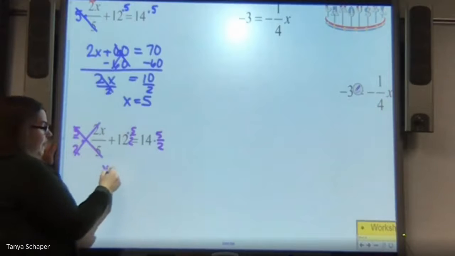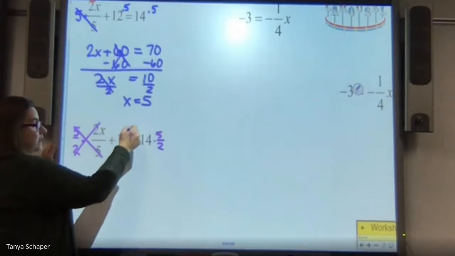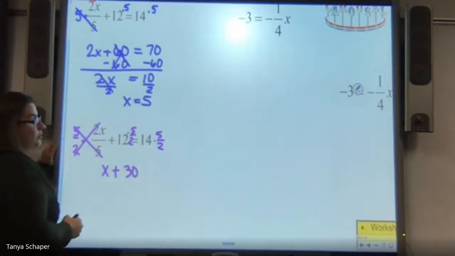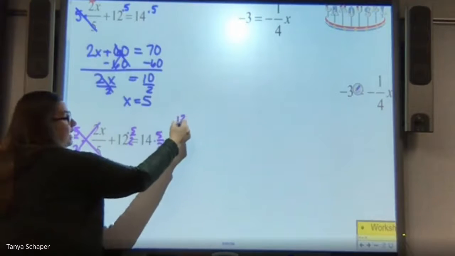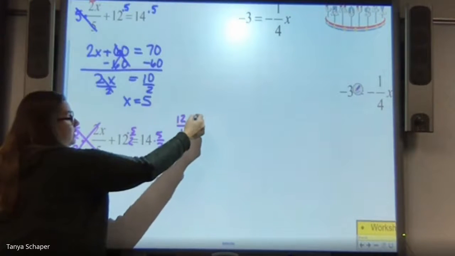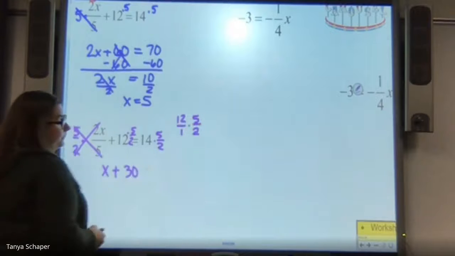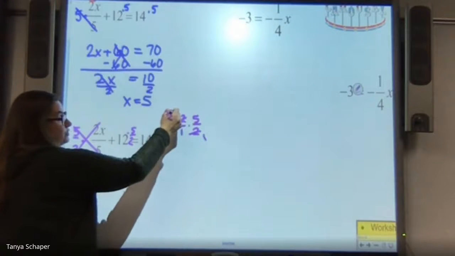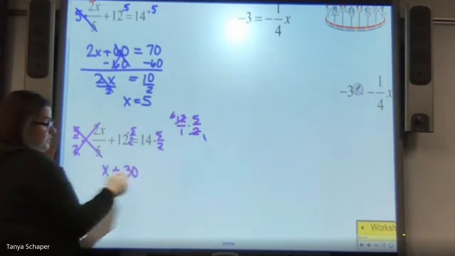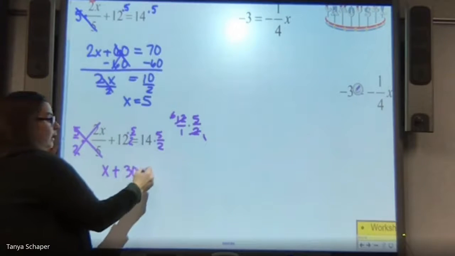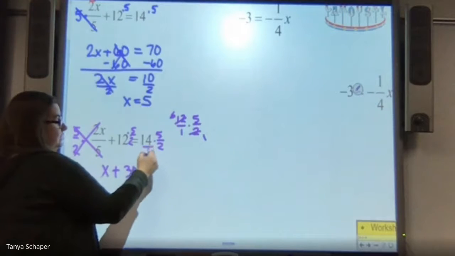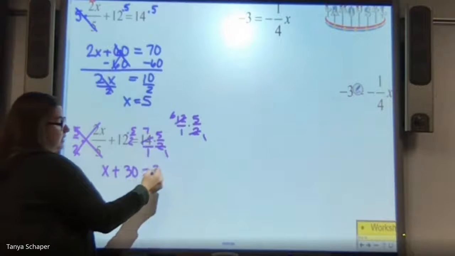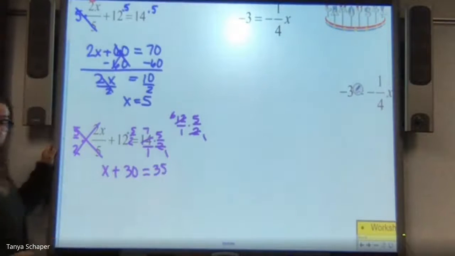So I'm left with x plus 12 times 5 is 60, divided by 2 is 30. Okay, so when you're multiplying fractions, you have 12 over 1 and 5 over 2. And then 2 goes into 2 once, 2 goes into 12 six times, 6 times 5 is 30. And that's equal to, do the same thing here. 2 goes into 2 once, 2 into 14, 7, equals 35.